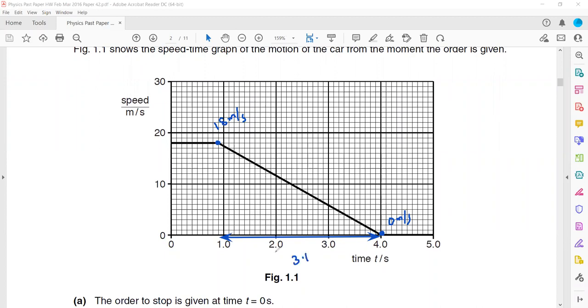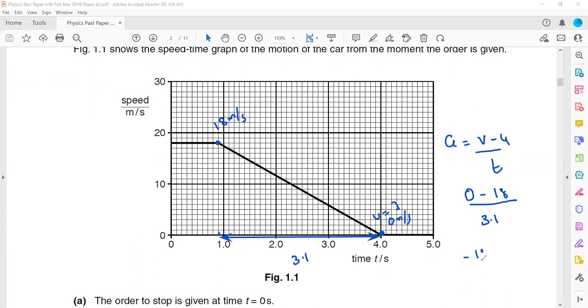To calculate acceleration or deceleration, the formula is the same: change in velocity divided by time. The final velocity is 0, initial velocity is 18, and how much time did it take? It started from 0.9 and stopped at 4, so it took 3.1 seconds.